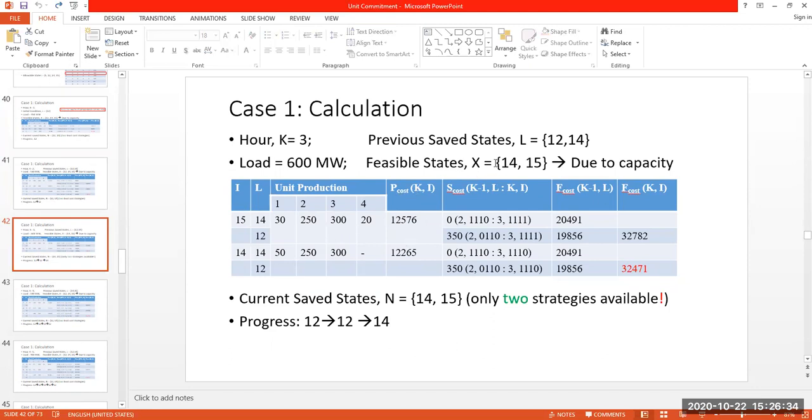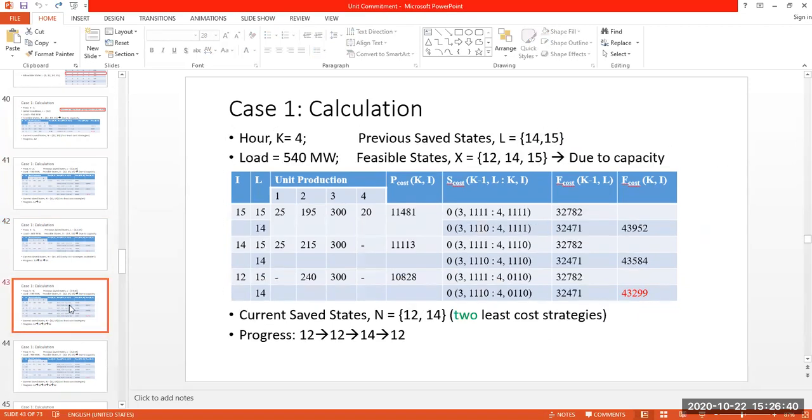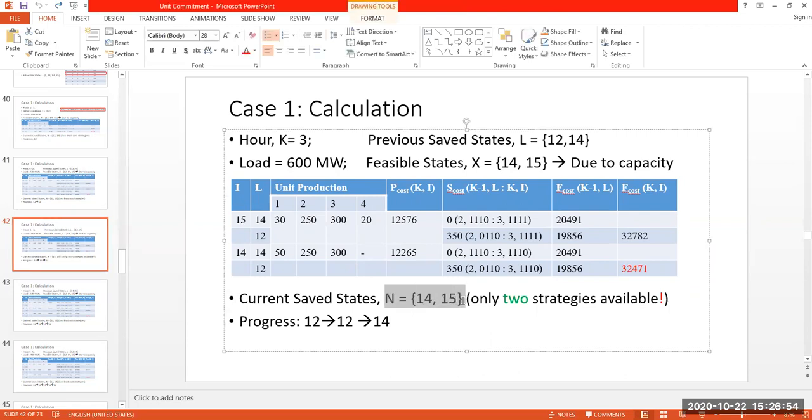Your feasible state is actually not available here. So you would be in a position that you can't progress any further if you limit the choice here. If you limit your choice here, you get my point.